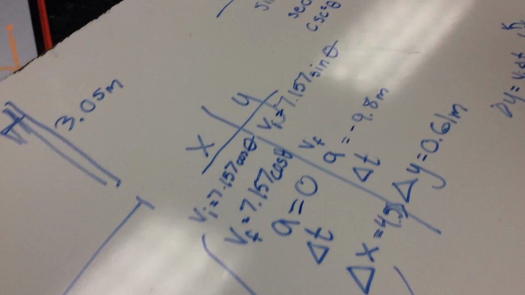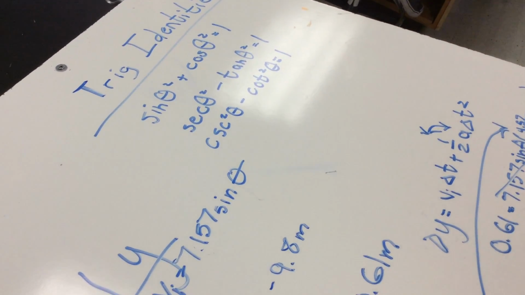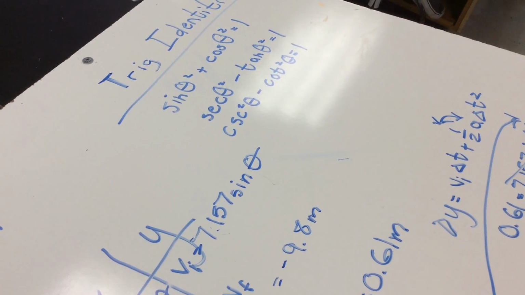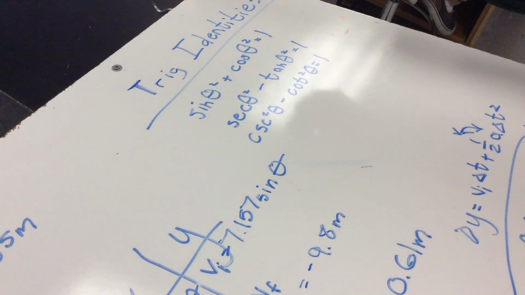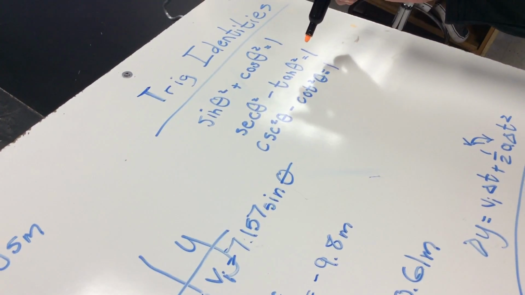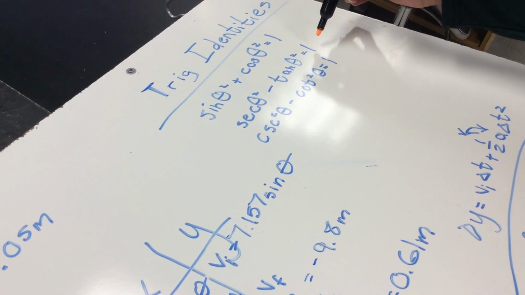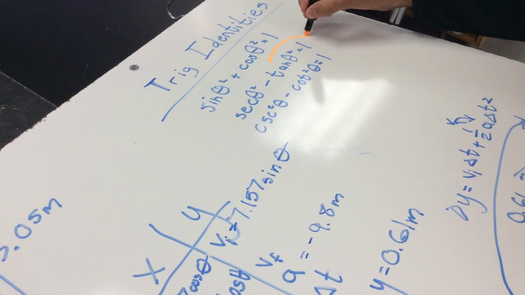Because if you look up at trig identities, which you can find online or basically anywhere, secant squared equals tangent squared plus 1, if you just move this to the other side.